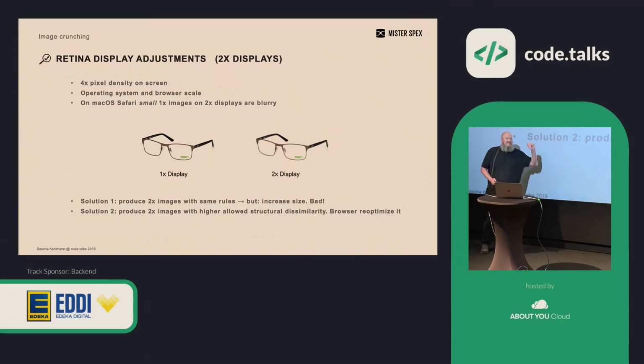What comes out is that the Retina images are only 11 to 17% bigger than the non-Retina images. For desktop, it's possible to use it because we have Wi-Fi, and normally it's fast enough. For mobile, it's a little more problematic, but on mobile systems you don't have the problem yet.